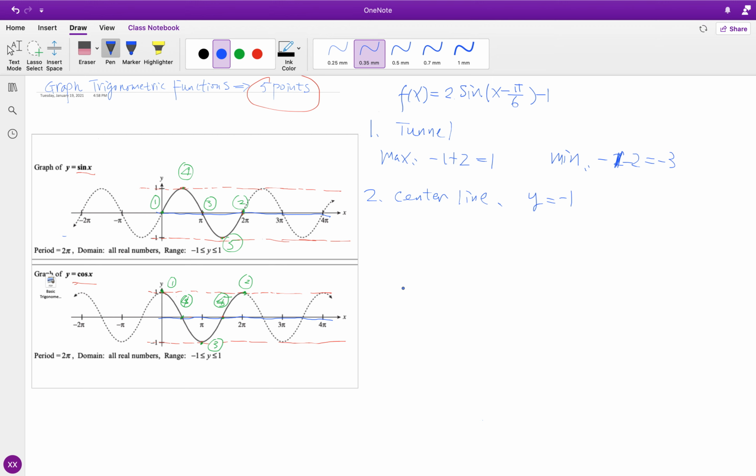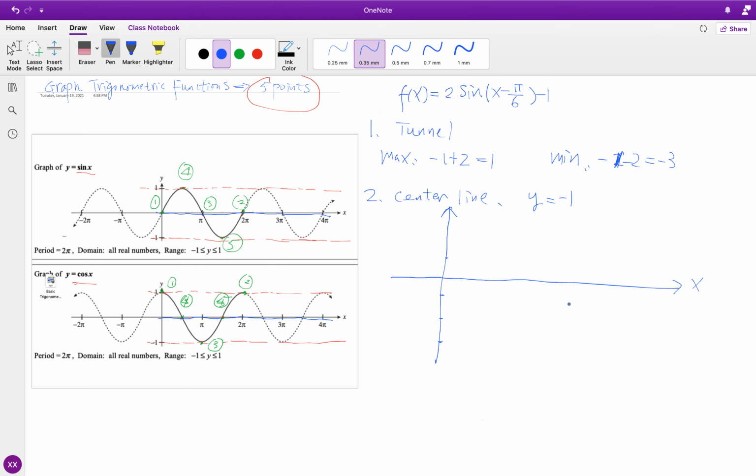So bear with me because this is really difficult for me to use a tablet to try to draw something. Okay, so now I got an x-axis. And I also have a y-axis. Okay. So this is my 1, and this is my -1, -2, -3.